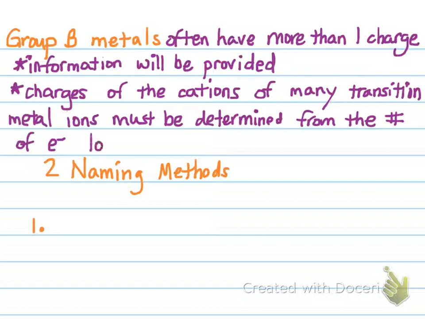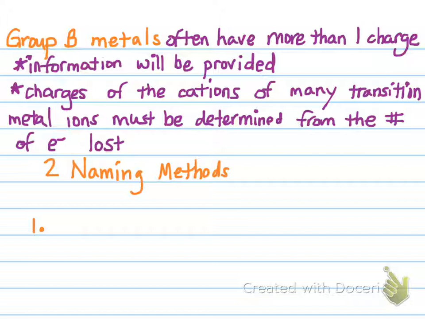So what that means is that sometimes your textbook might say, what charge does a copper ion have when a copper atom loses one electron? Well, if you lose one electron, you're going to have a positive 1 charge.